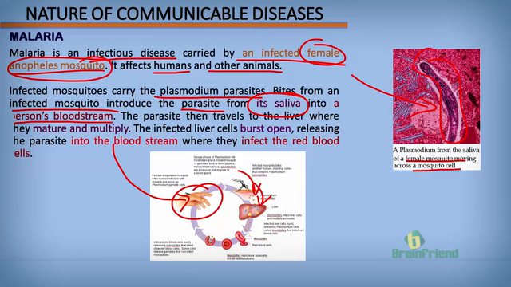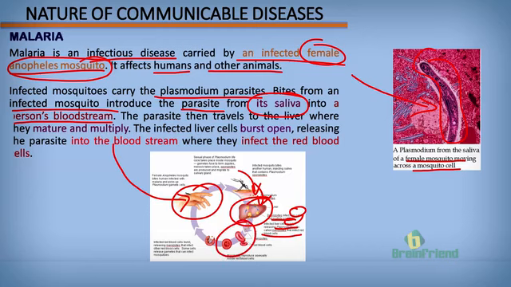From the bloodstream, they travel down to the liver. Now, this parasite infects liver cells and multiplies asexually. These infected liver cells will eventually burst and release Plasmodium cells called merozoites that infect the red blood cells. So these red blood cells are infected.